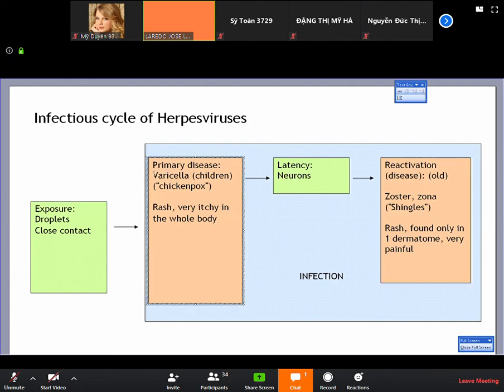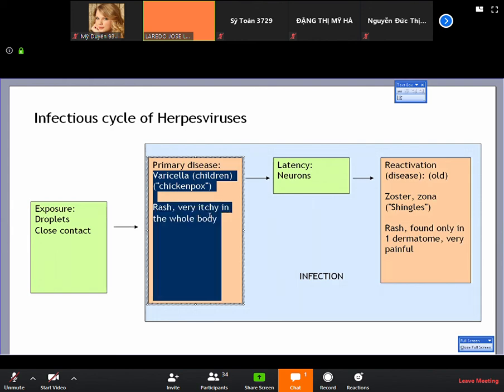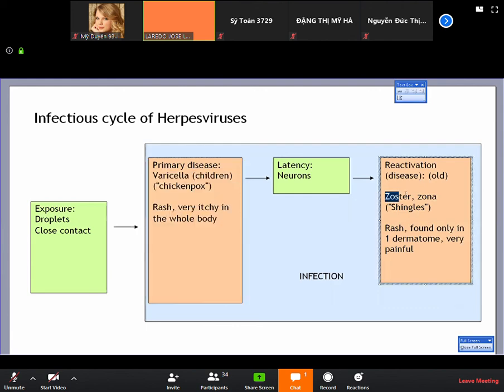So look, the primary disease is a rash found in the whole body, very itchy in children. Zoster is also a rash, but not in the whole body. It's found in only one dermatome and very painful. I show you the pictures.